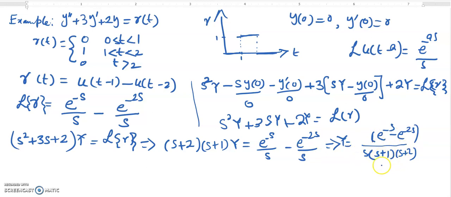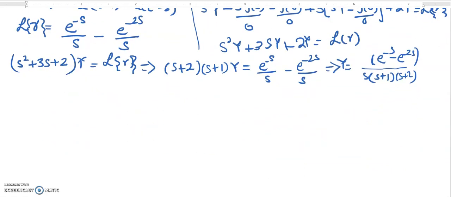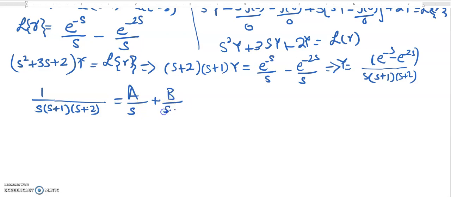We can find the partial fractions of this term for finding the inverse transform. So 1 over s times s plus 1 times s plus 2. For finding the partial fraction, we assume it to be equal to A over s plus B over s plus 1 and C over s plus 2.